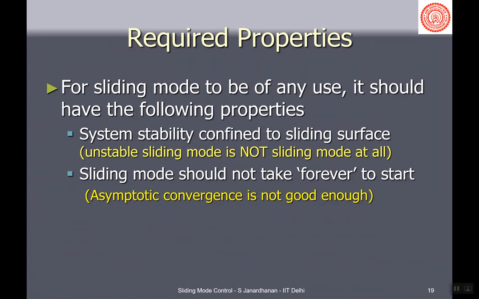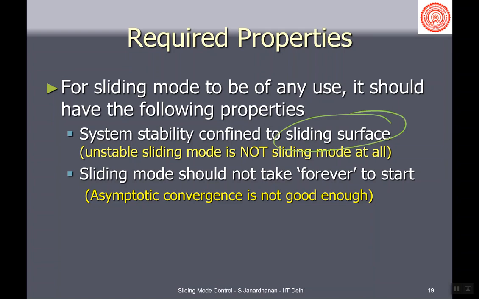Okay, now from this, let us say what should be the main required properties that we should have. For the sliding mode to be of any use, we should design a control that brings the system to the sliding surface in a finite amount of time, and the sliding surface itself should be useful.